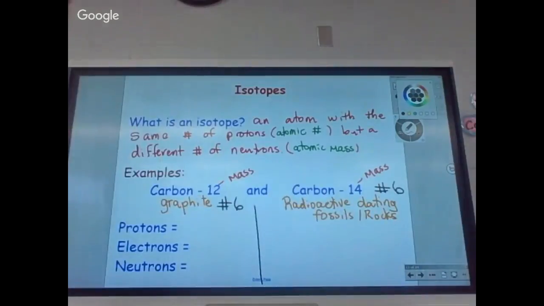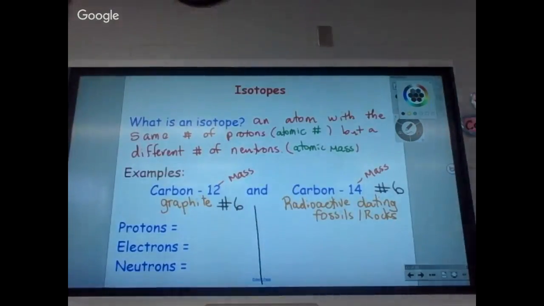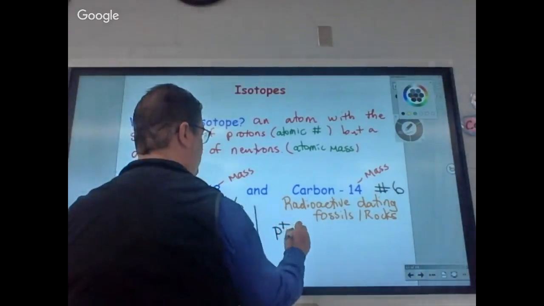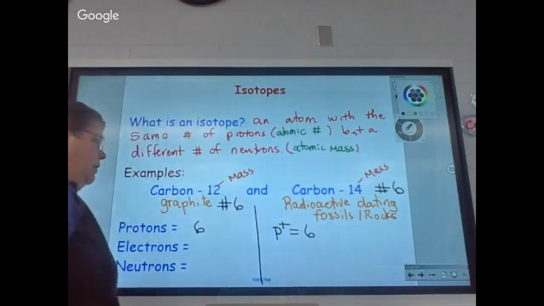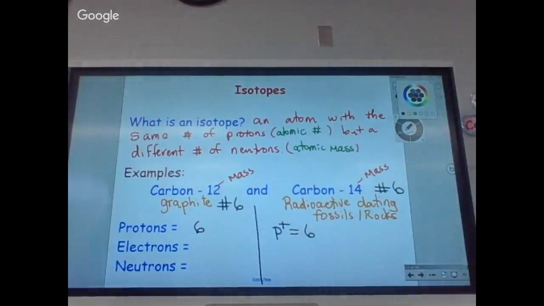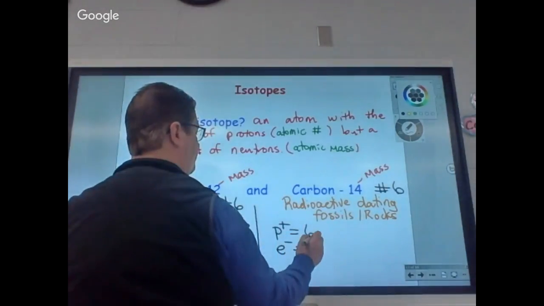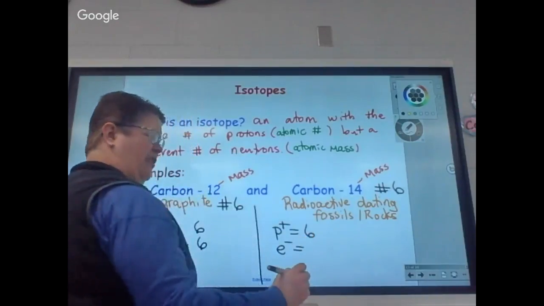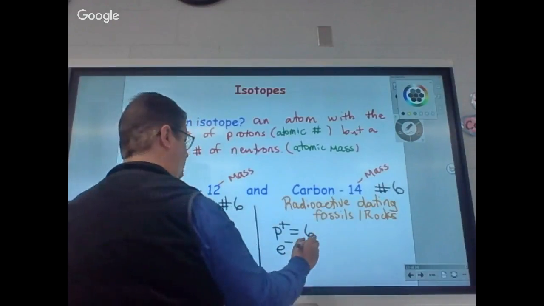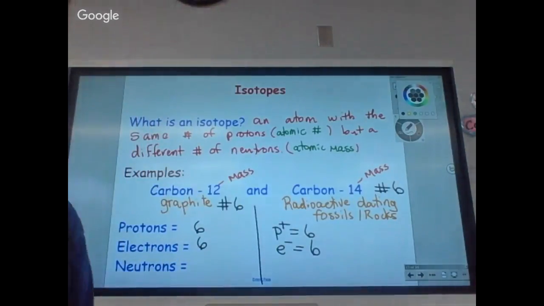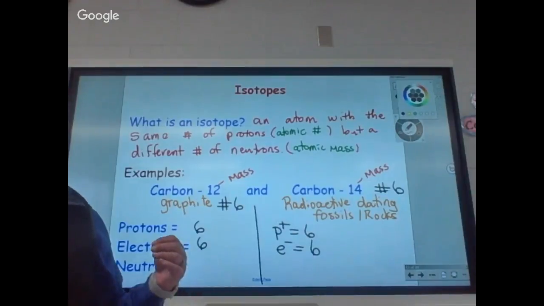So how many protons do we have? We have 6. Protons over here would be 6. How many electrons would there be? The electrons and the protons are what? 6, because they have to be the same.